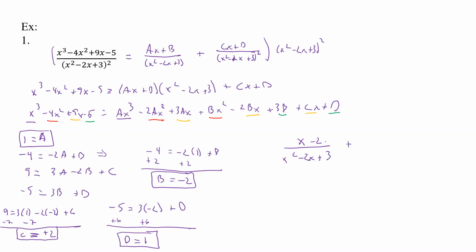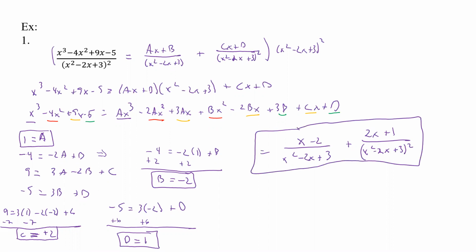Then plus C, which was 2, so 2x, and D was 1, so plus 1 over x squared minus 2x plus 3, the quantity squared. That's our partial fraction decomposition. That's the end of part 6, and we'll come back and do 2 more, and then we'll be done with this section.